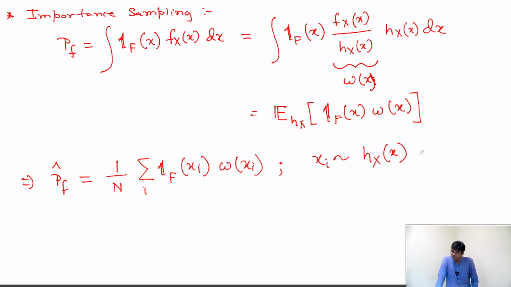We discussed one more fact, and that fact is that this estimator is an unbiased estimator. We saw that it is an unbiased estimator because if you take expectation of this PF hat, you end up with PF. So that's why we saw that it is an unbiased estimator, and we discussed that.